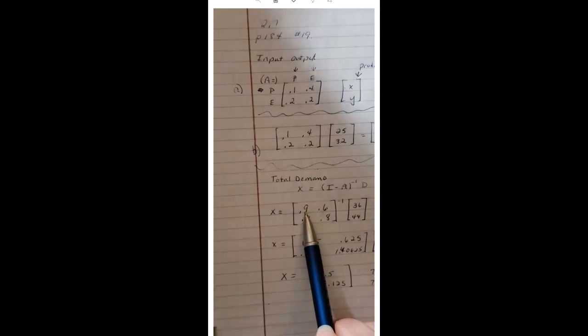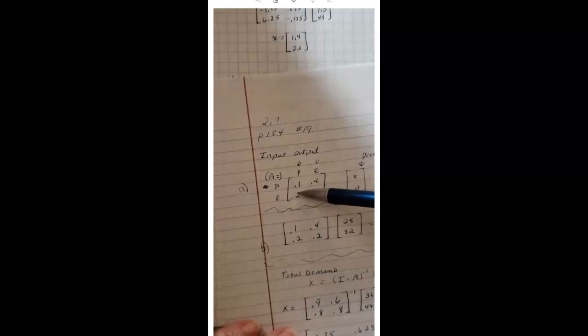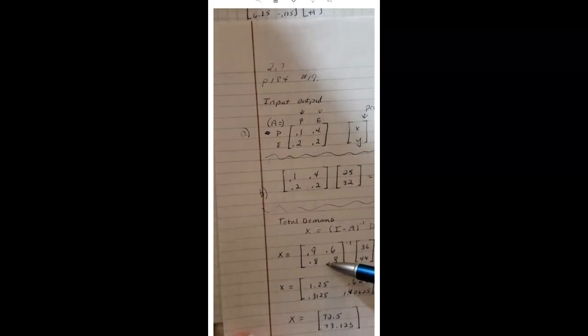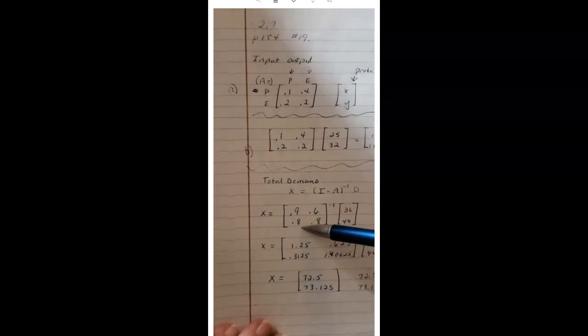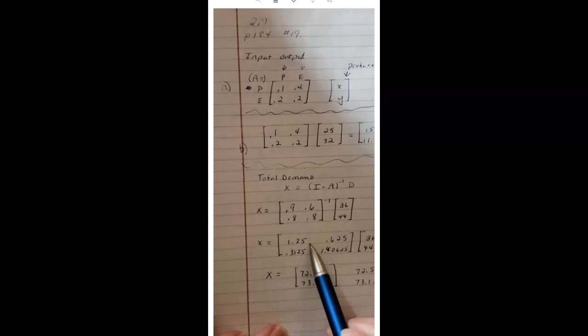Here's my I minus A. Well, this was A. I took my identity matrix, which is 1, 0, 0, 1, and I subtracted them and I ended up with this matrix. Take the inverse of that. Well, here's the inverse of this matrix. You can look on your calculator for that.